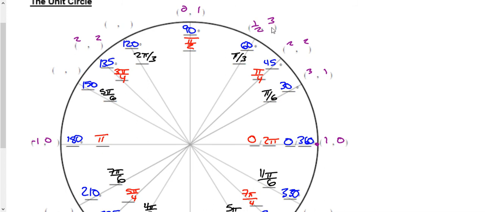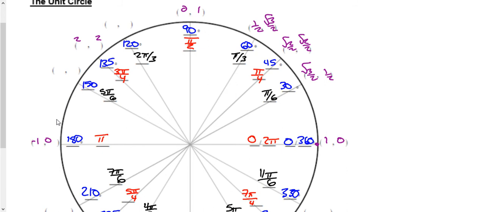I'm going to divide everything by 2, and square root every single numerator. Well, I can't square root 1 because it's just 1. So I'm going to leave that alone. I have a radical around 3, around 2, around 2, and around 3 again. There we go. So here, these are your exact values of the coordinates on your unit circle.